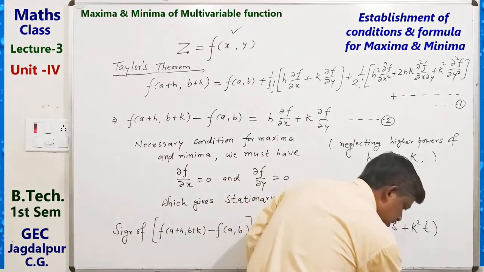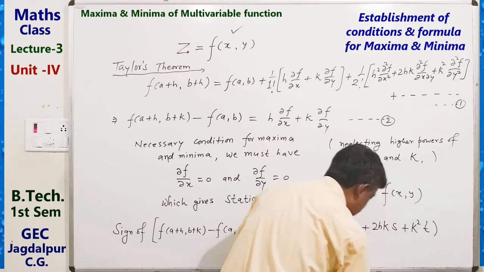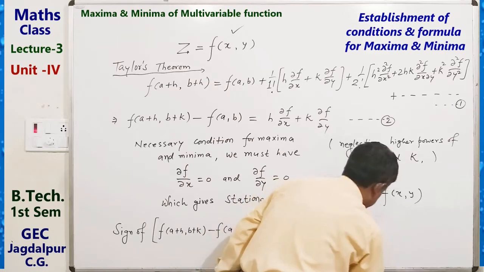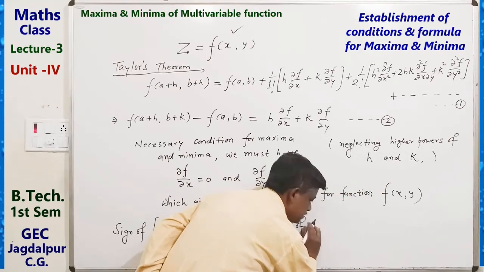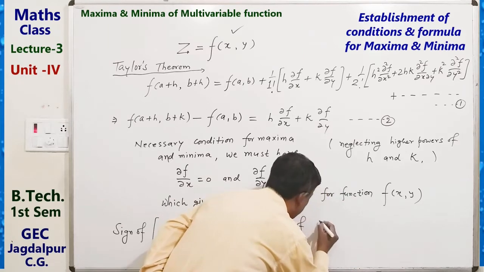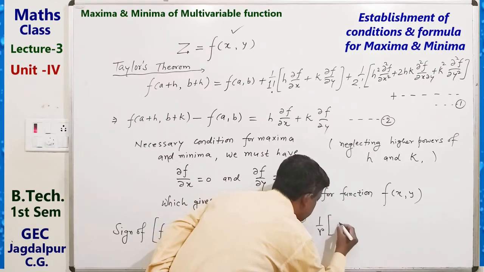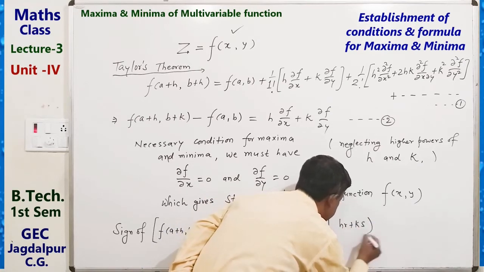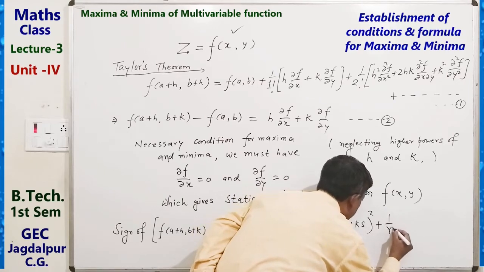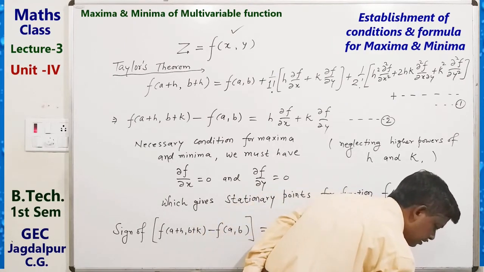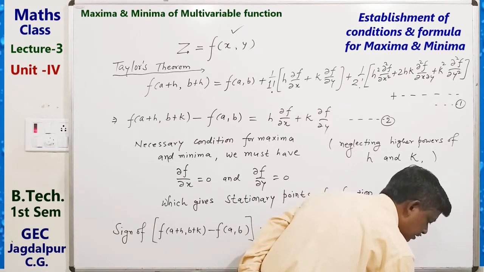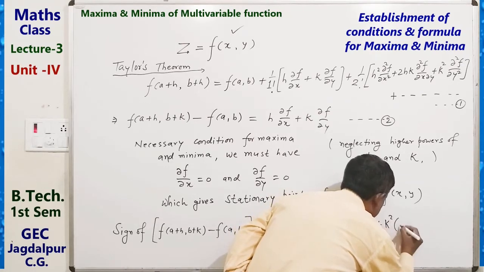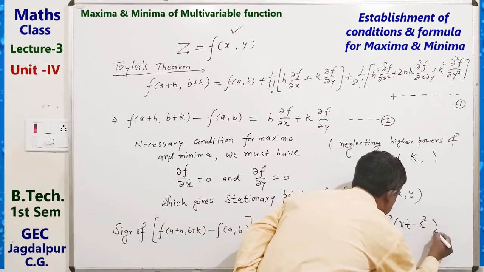Here h r plus ks, it can be written like this: 1 upon r times (h r plus ks) square plus 1 by r times k square (rt minus s square), k square (rt minus s square).